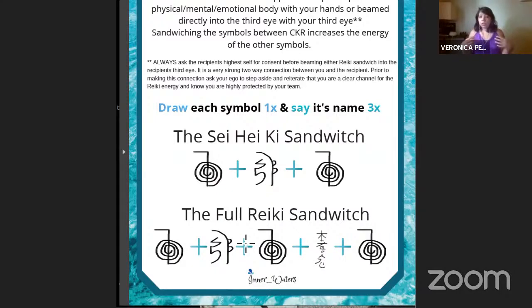You use the full Reiki sandwich with the Hon Sha Ze Sho Nen in order to move the Reiki energy to the past or to the future. That's the distinction on when you use the Seiheki sandwich versus the full Reiki sandwich.